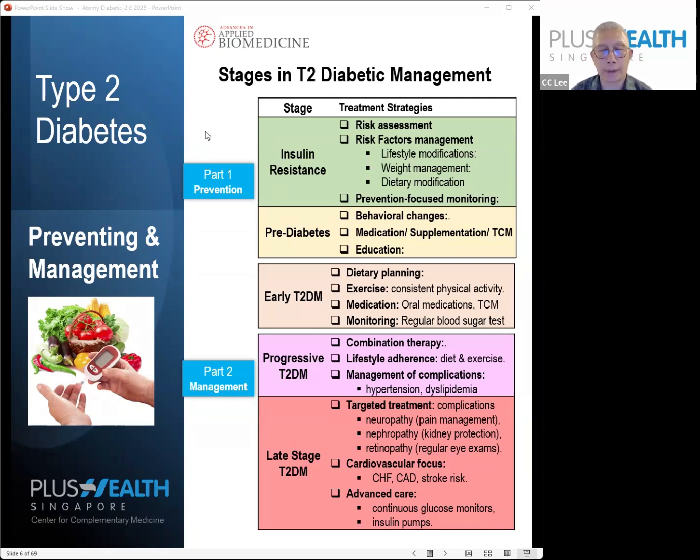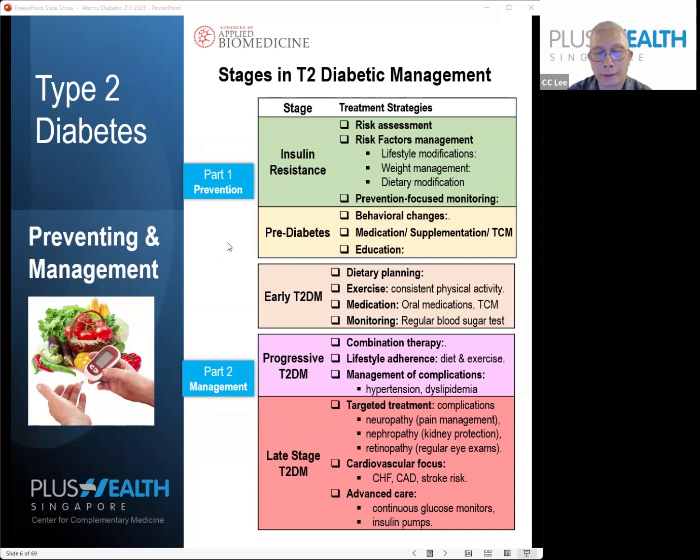Part 1, which was last month's session, basically covered the risk assessment, the risk factor management, and we focused on the prevention of diabetes, of insulin resistance, trying to prevent pre-diabetes from progressing into diabetes itself, right?